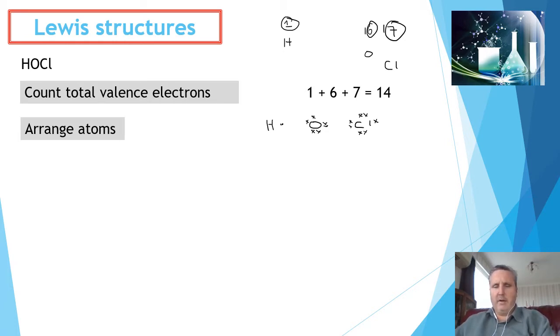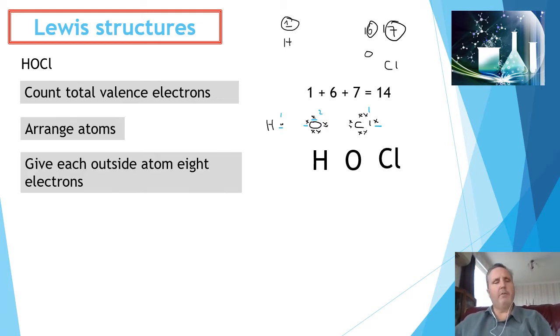So chlorine has 1 unpaired electron, oxygen has 2 unpaired electrons, and hydrogen has 1 as well. The one that I put in the center is the one that has the most unpaired electrons, and that's oxygen. So oxygen's going in the center here. I'm going to put hydrogen on one side and chlorine on the other. Okay, so I've got 14 electrons.